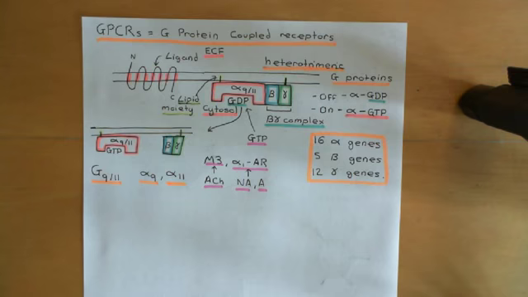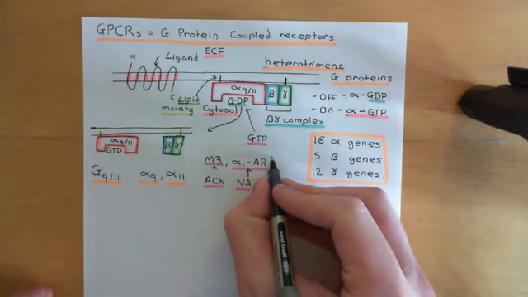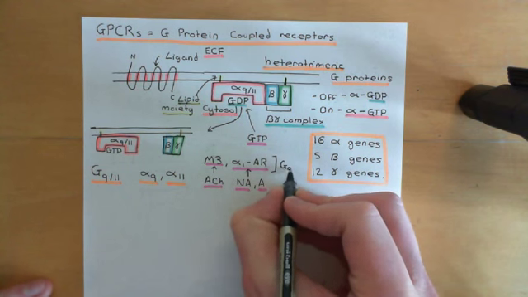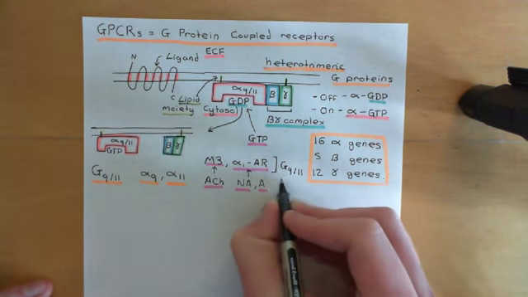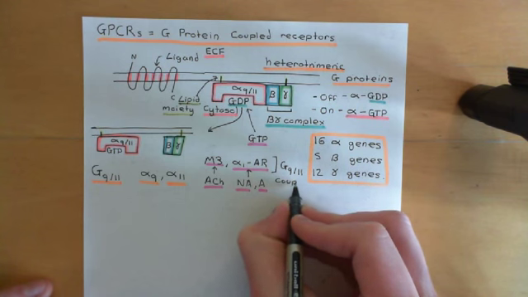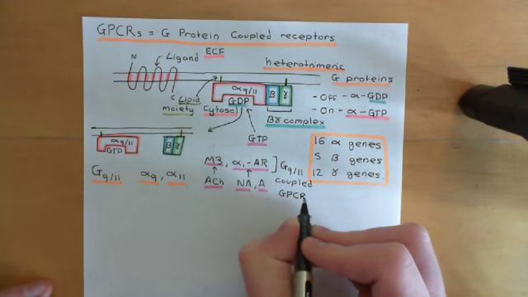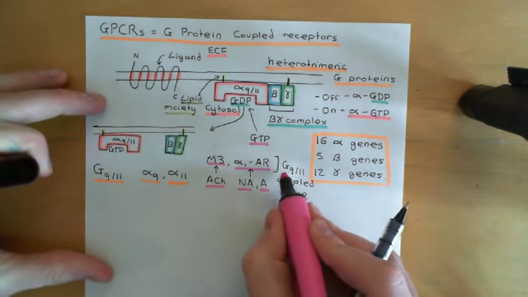These types of receptors are collectively known as GQ/11 coupled G protein coupled receptors, meaning that when they are activated, they will couple through GQ/11 heterotrimeric G proteins.